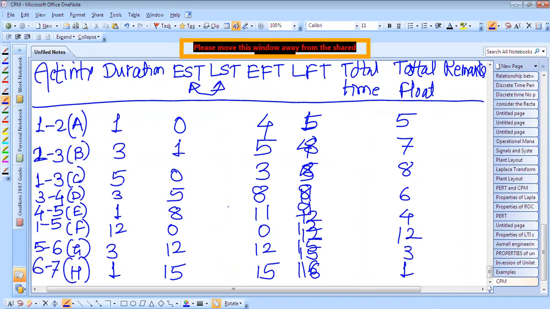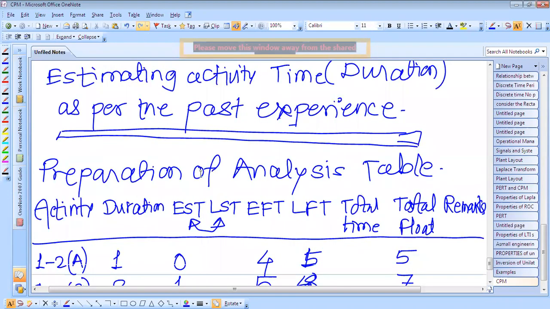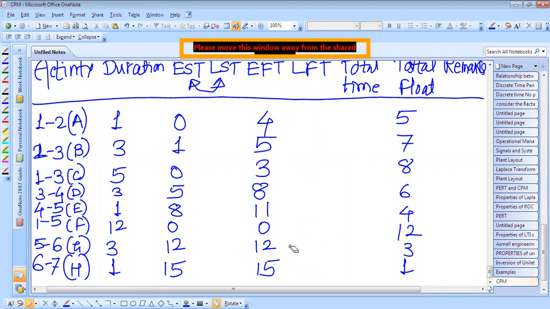So what is happening? Okay, total time again. So what happened with this? Okay, I think this is overlapping on this. I will again write the LFT. I will directly write 5, 8. I don't know what has happened.